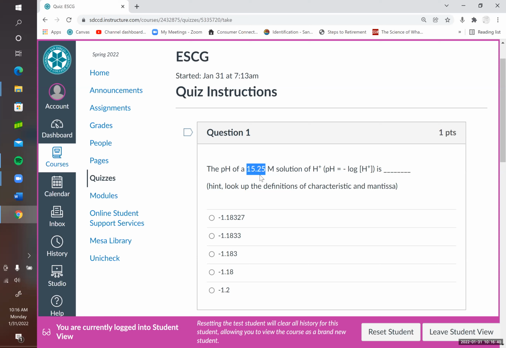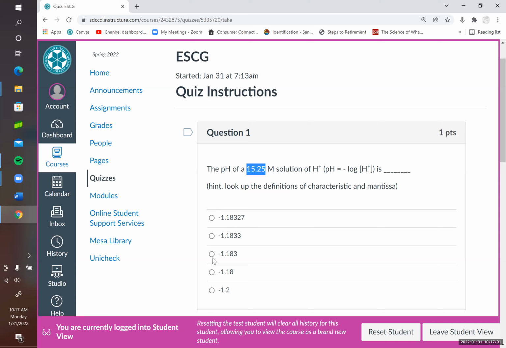I'm going to take the log of that, and then I'm going to take a negative. So my calculator, when I do that, says 1.183268. So now I have all these choices.